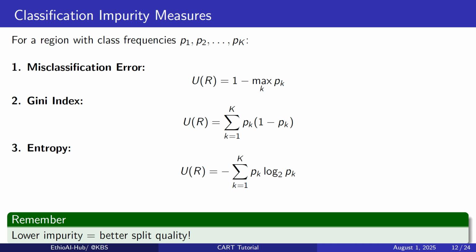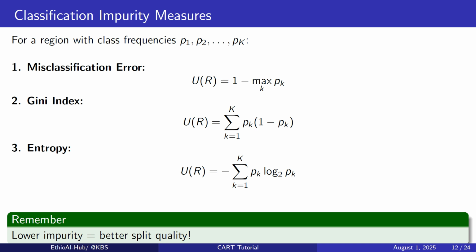When you come to Gini and entropy, when you run it in a Jupyter notebook, by default it uses the Gini index, unless you explicitly mention entropy or cross entropy.